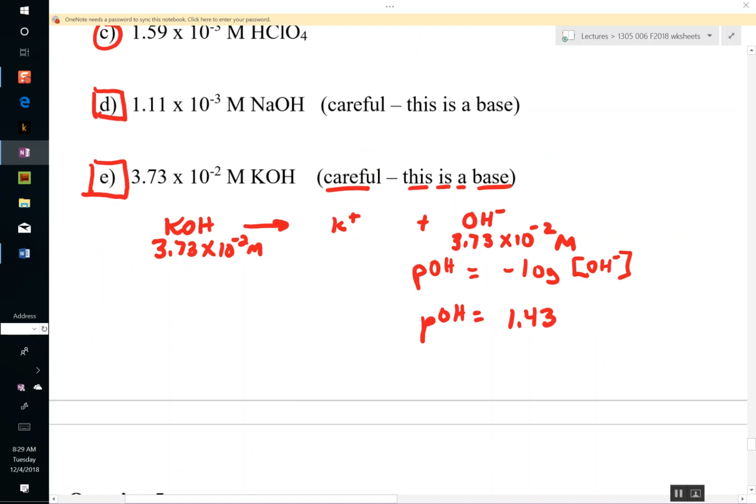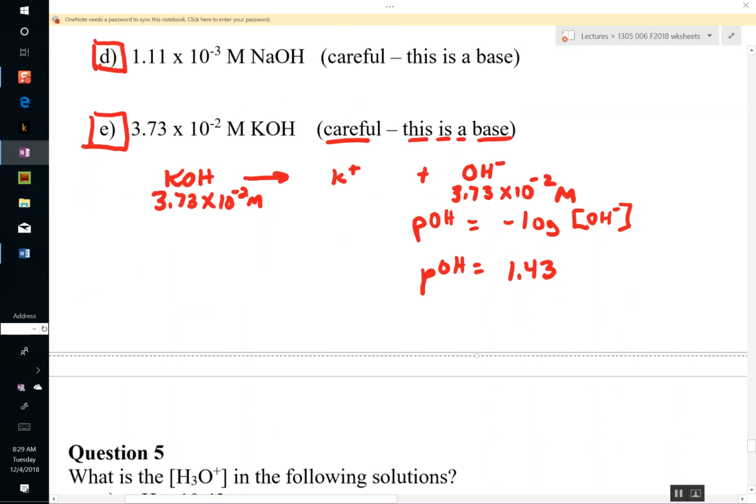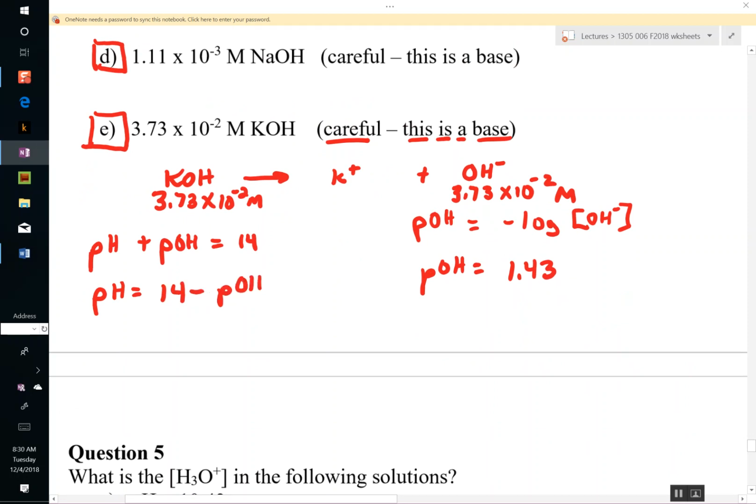So pH plus pOH equals 14. So the pH equals 14 minus the pOH.